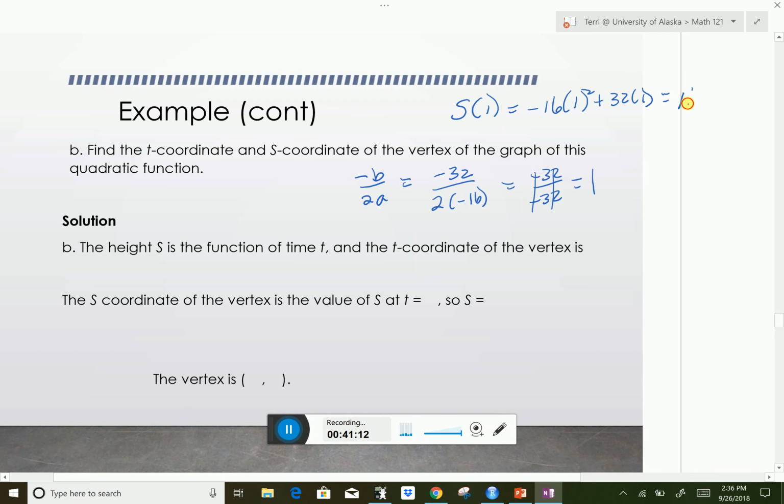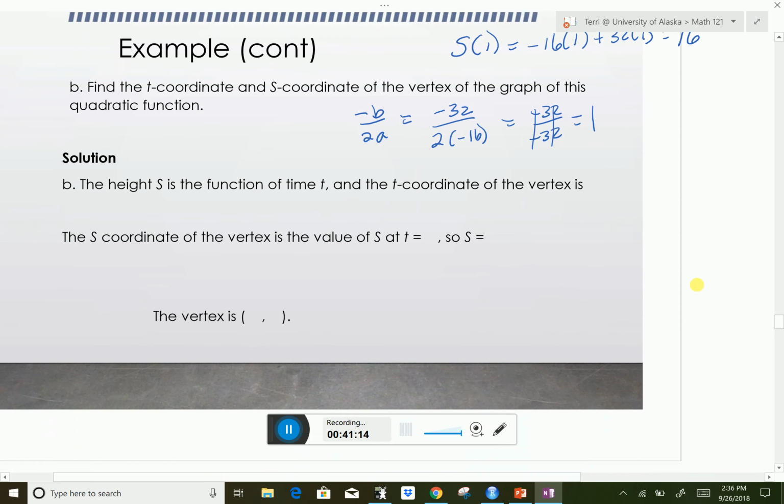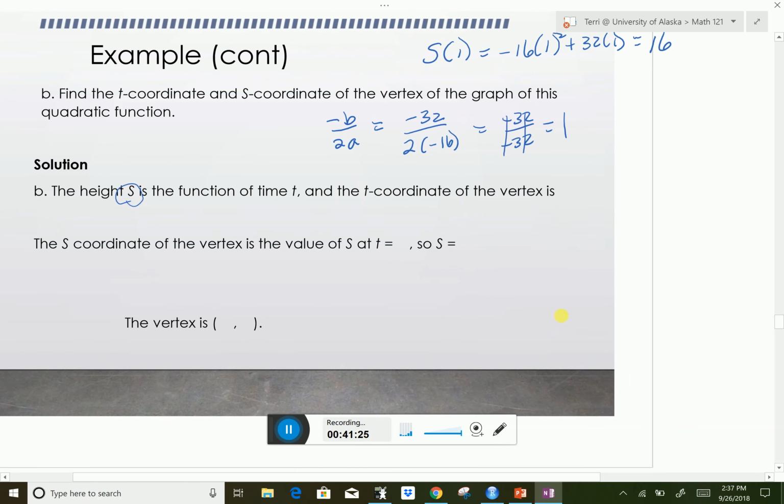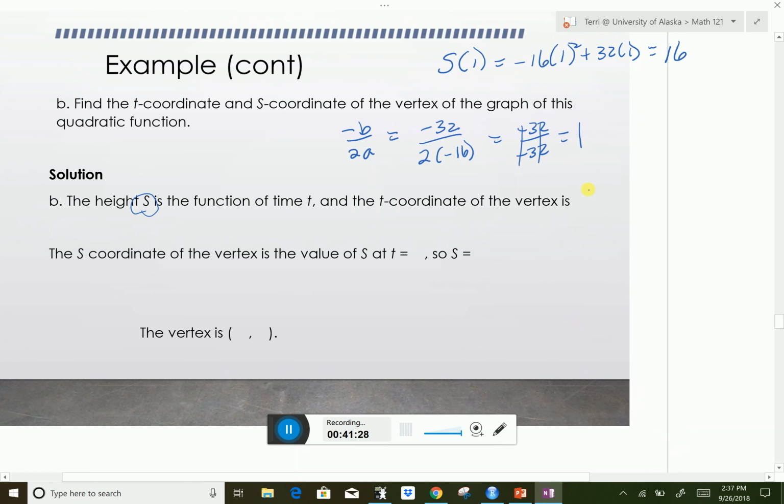So 32 minus 16 is 16. So that is the height s as a function of time. So the t coordinate of the vertex is 1 second, and that is when it reaches its maximum height. And the s coordinate is the value at t equals 1. So at 1 second, it reaches its max height of 16.